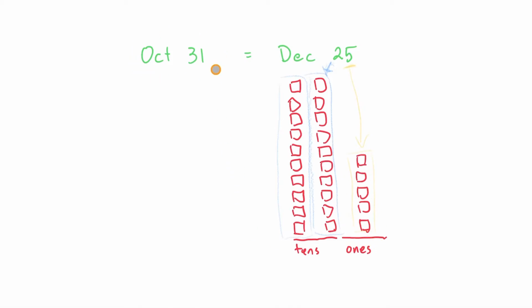So as it turns out, October 31 doesn't mean October 31 at all. It means 3-1 in the octal number representation. Octal meaning 8. So another way that this number would be represented, or the way we would read it, is as 3-1 base 8.